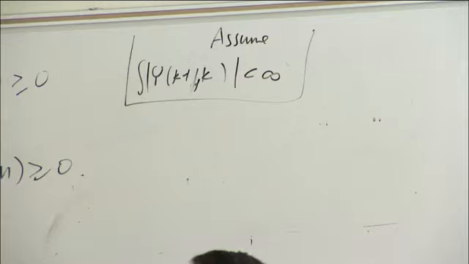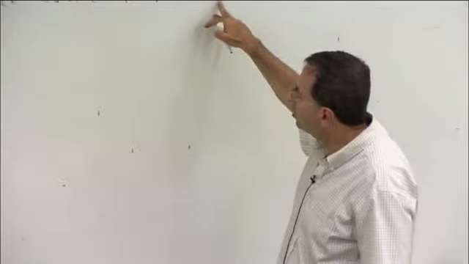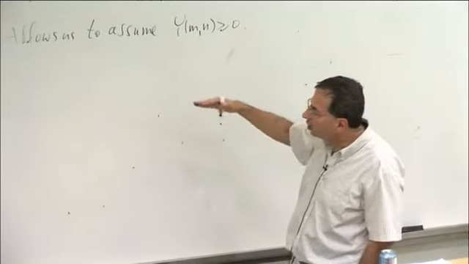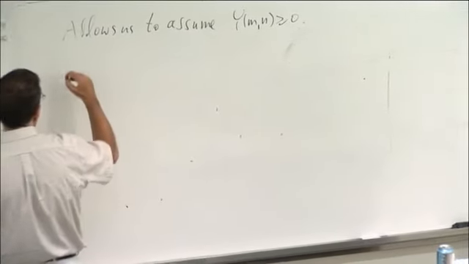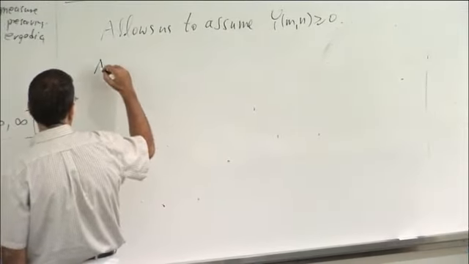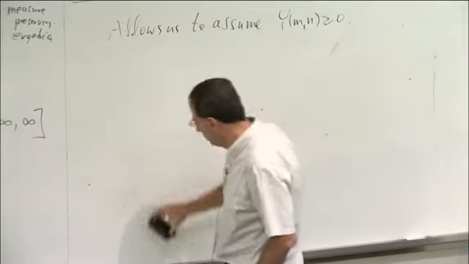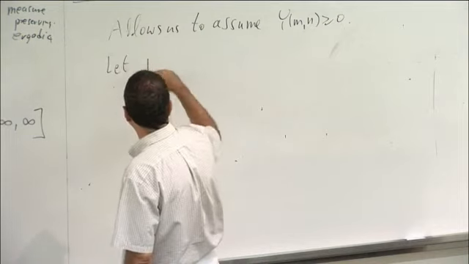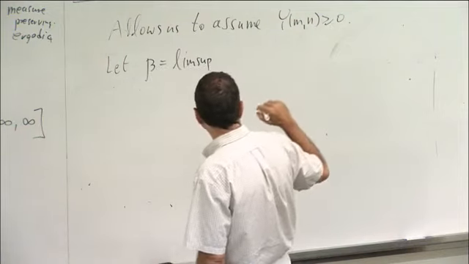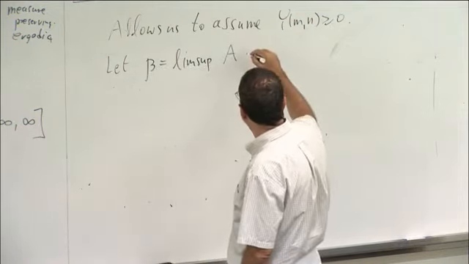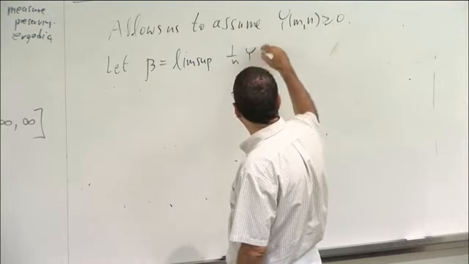Okay, so this allows us to assume that the Y_mn are non-negative. So now we just continue with non-negative variables and define as before. I'll call it beta, the lim sup of 1 over n Y_0n.